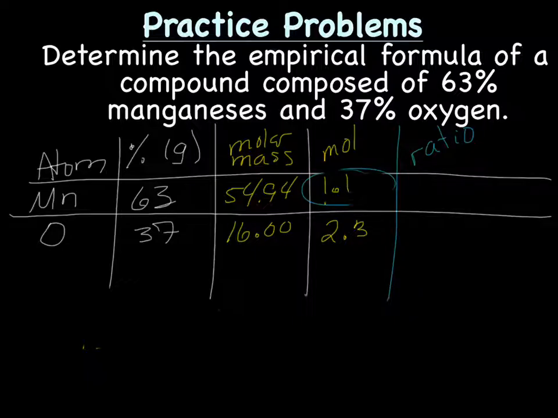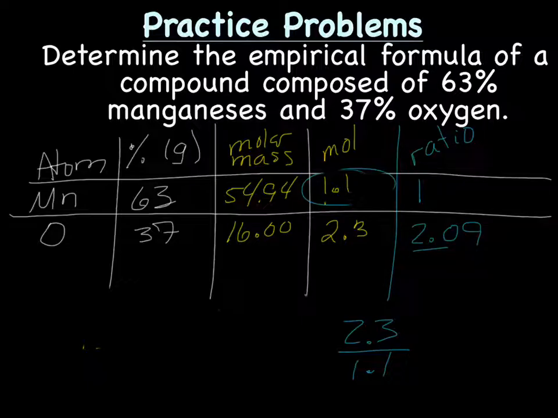Okay, so 1.1 divided by 1.1 is 1. And then we need to do 2.3 divided by 1.1. And that gives us 2.09, which is basically 2.